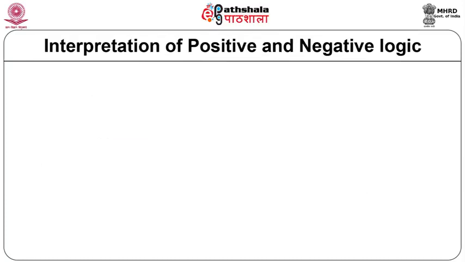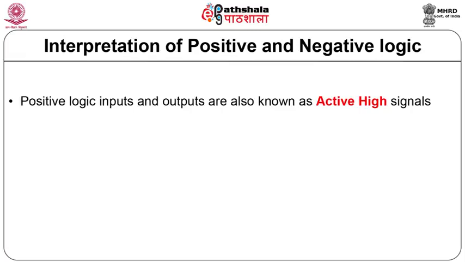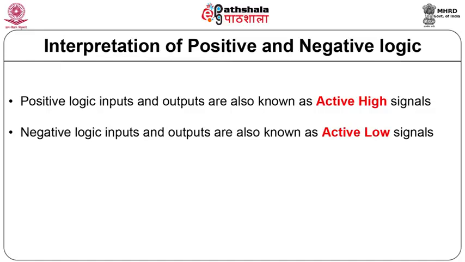Interpretation of positive and negative logic. Positive logic inputs and outputs are referred to as active high signals. And negative logic inputs and output signals are referred to as active low signals.